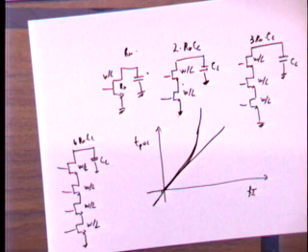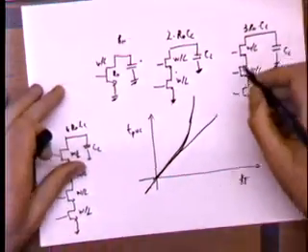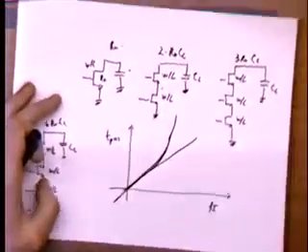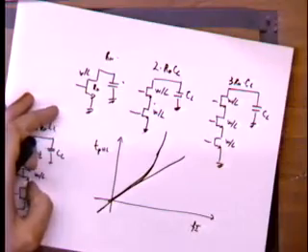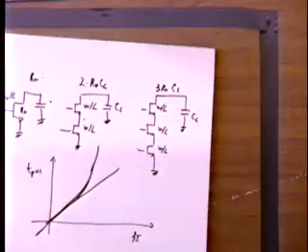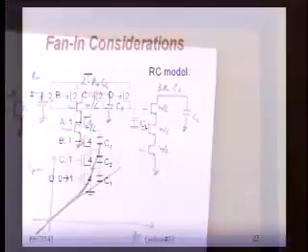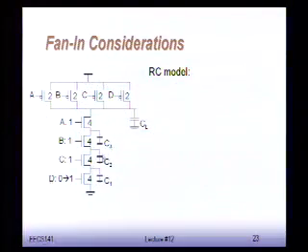As you add more stages, in order to discharge the output, let's stay on the slides, not only do you have to discharge this CL, but you're also discharging C3 and then rippling through C2 and then rippling through C1, right? So these capacitors end up having an impact on the delay.